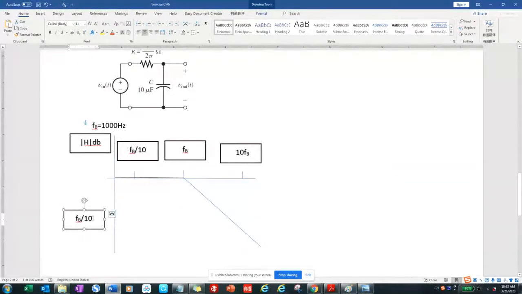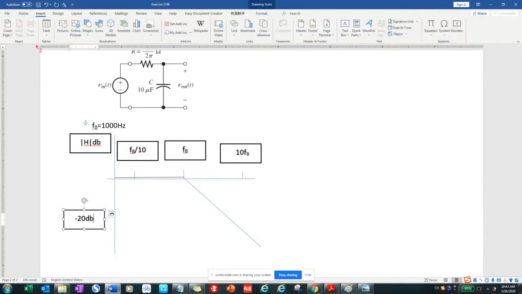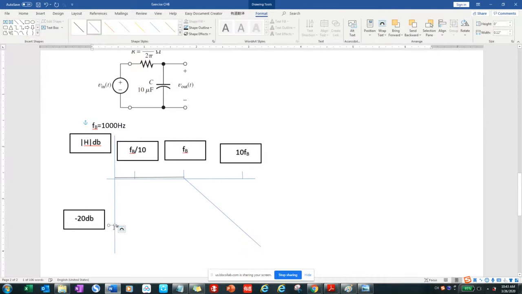At this point, this will be your negative 20 dB. Each decade is going to reduce by 20 dB, so this slope is each decade reduced by 20 dB.